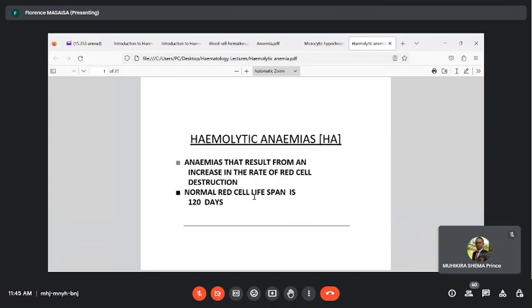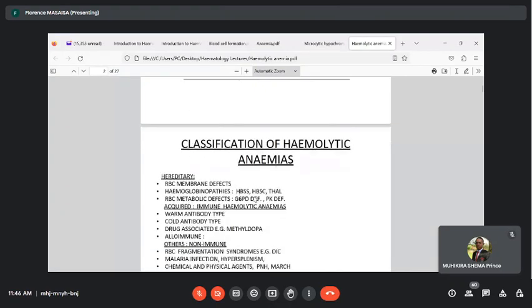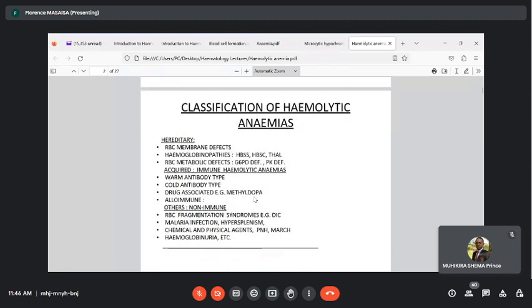What is the classification of hemolysis? It can be either hereditary or acquired. In acquired, we have immune and non-immune.